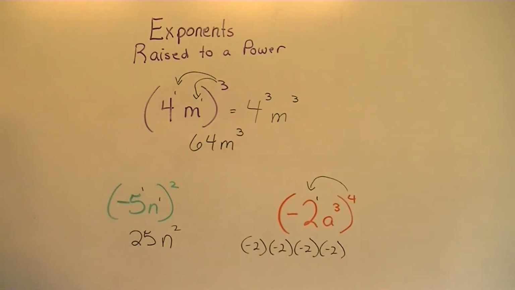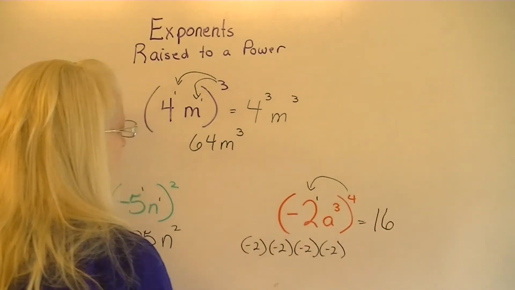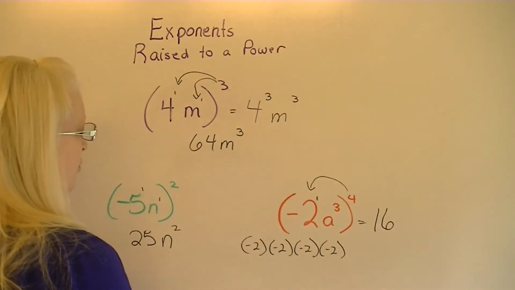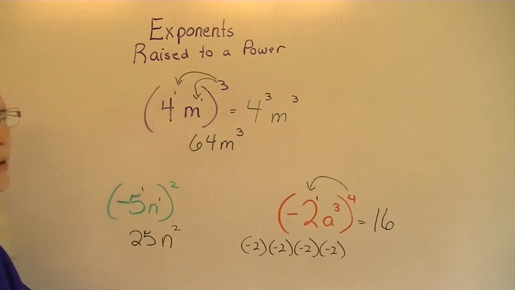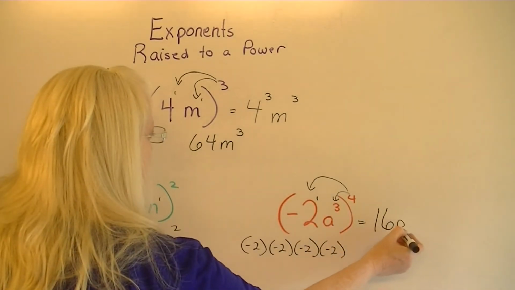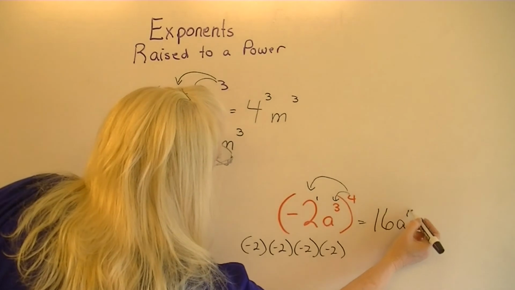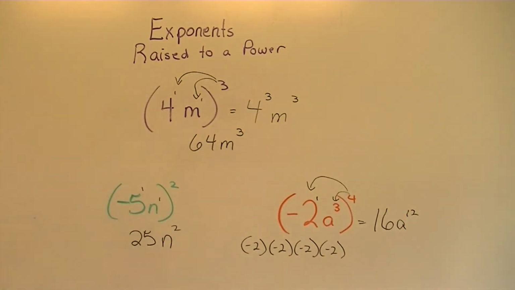And when I multiply those, I get a positive 16. So it would be negative 2 to the fourth power, and then I would simplify that, and I get positive 16. And now I'm going to multiply the exponents on the a, and I have 3 times 4, which is 12. And that's the answer to that one.